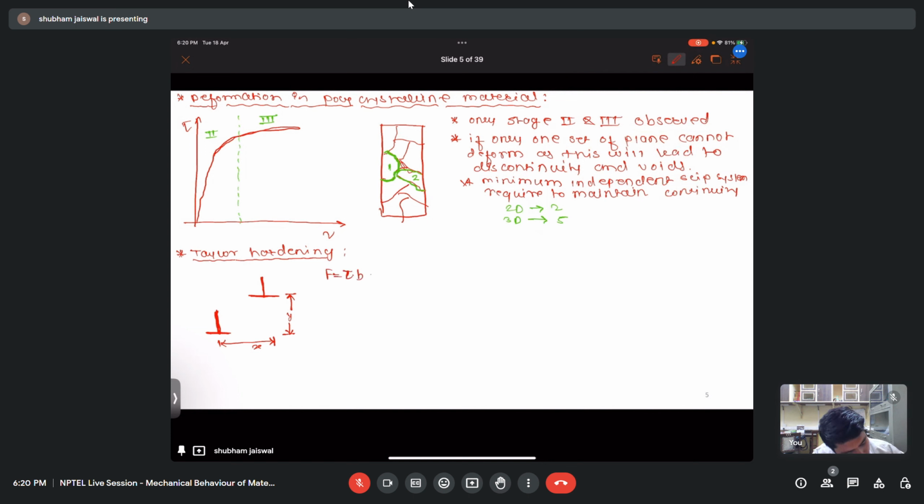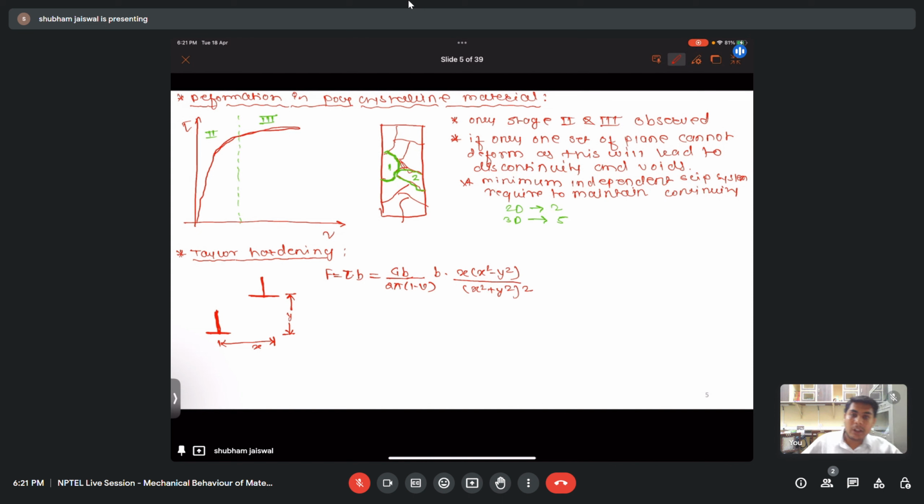that is, Gb upon 2 pi (1 minus mu) into b into x (x square minus y square) divided by (x square plus y square) whole square.